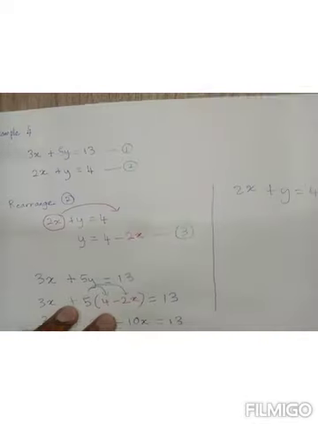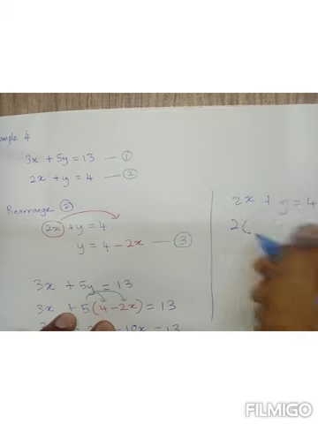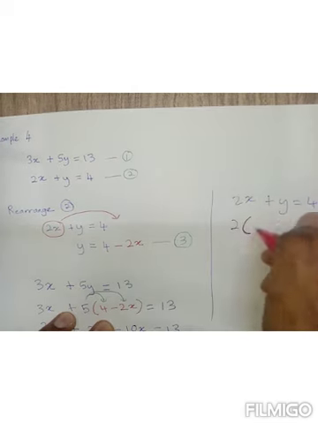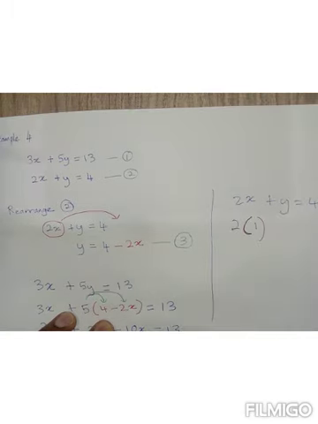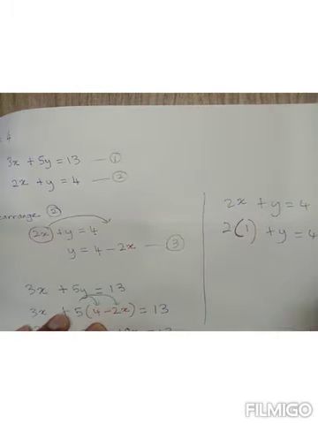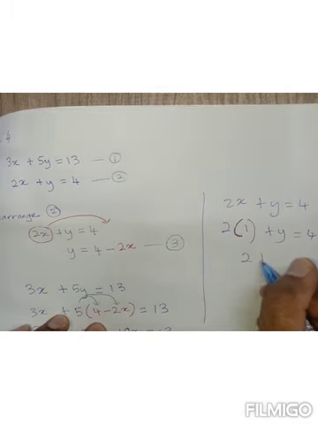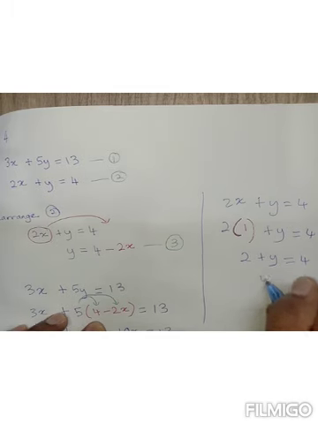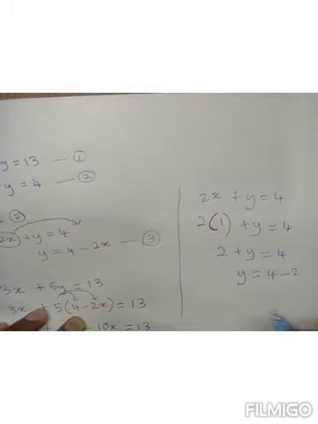So I put 2 times 1 plus y equals to 4. So 2 plus y equals to 4. Y is going to be 4 minus 2. So y equals to 2.